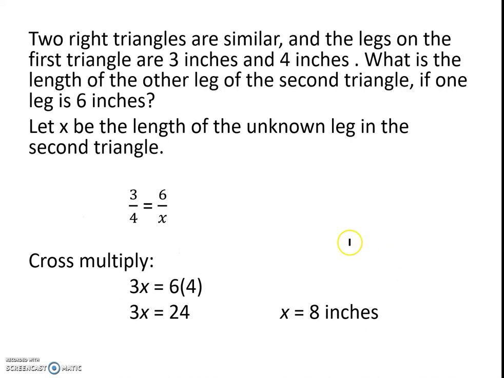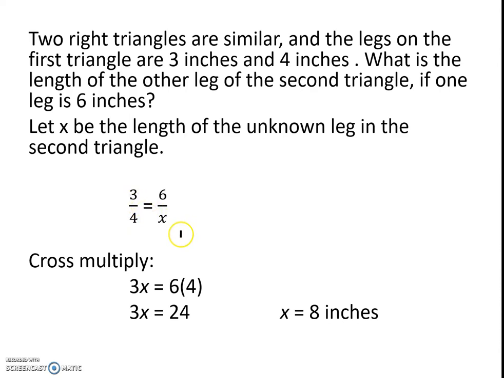Now we have 2 right triangles that are similar, and the legs on the first triangle are 3 inches and 4 inches. What is the length of the other leg of the second triangle if one of the legs is 6 inches? Well, we'll let x be the length of the unknown leg in the second triangle, and we set up the ratio from our first triangle as 3 to 4, and we know the one leg of the second triangle is 6, and we're letting x be the length of the unknown leg.